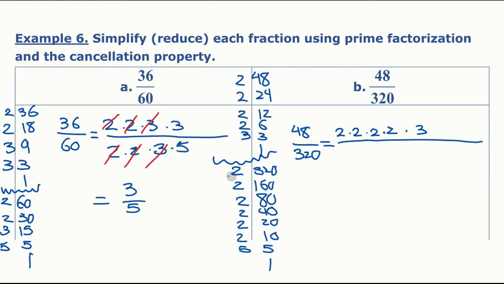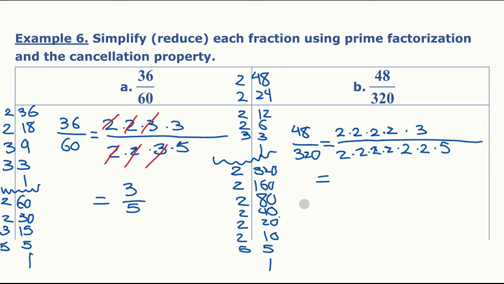So here, in non-exponential notation, we're going to go with 6 factors of 2, and then 1 factor of 5.